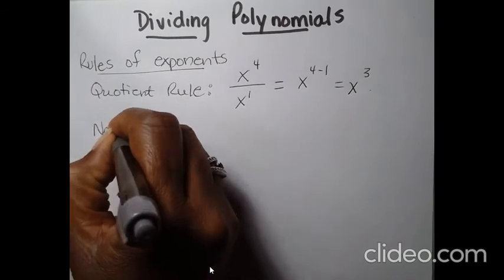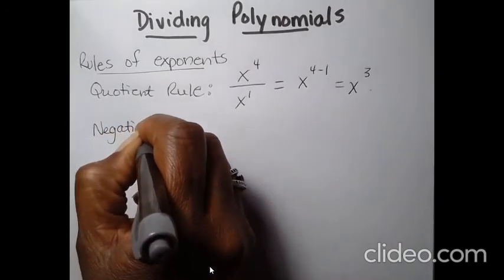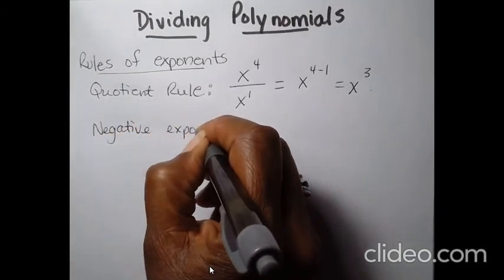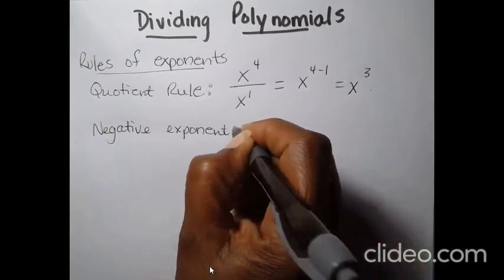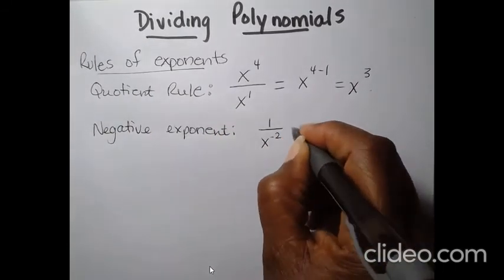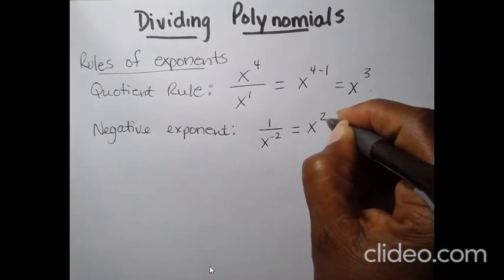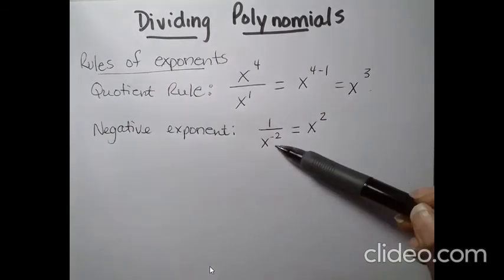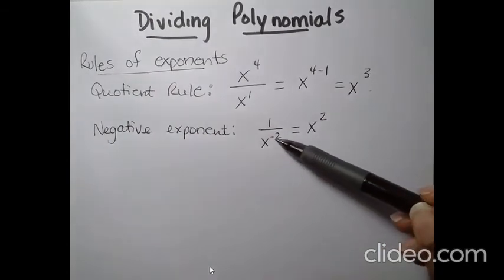The negative exponent rule is, wherever a negative exponent is, so 1 over x to the negative 2, this equals x squared. You change the location of the negative to the opposite part of the fraction and the exponent becomes positive.